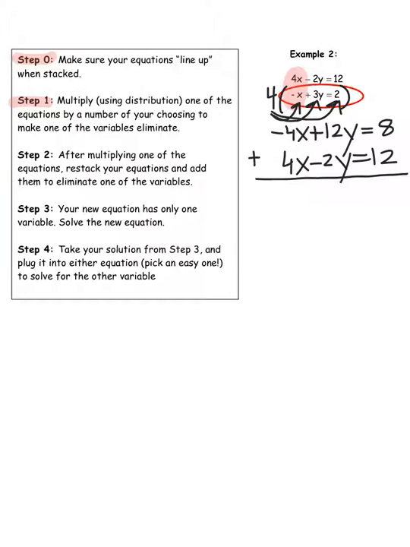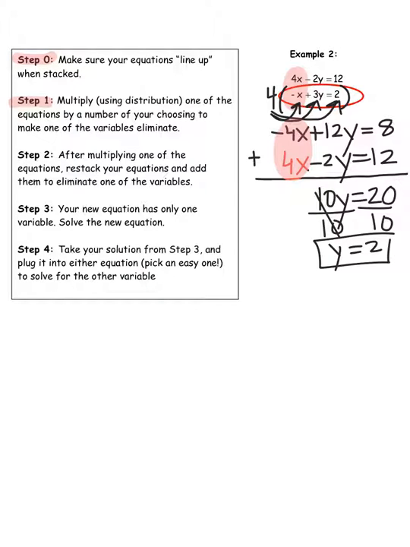Negative 4x plus 4x is 0. They cancel out. And then I'm going to add these numbers, positive 12 minus 2, and that gives me 10y equals 8 plus 12 is 20. Really simple equation. It only has one variable. Divide by 10, and I get y equals 2.